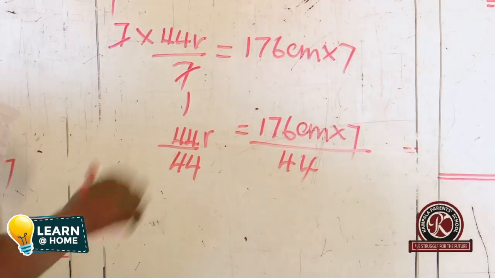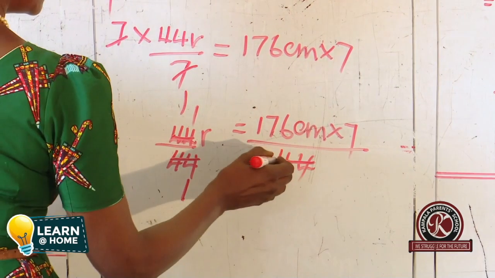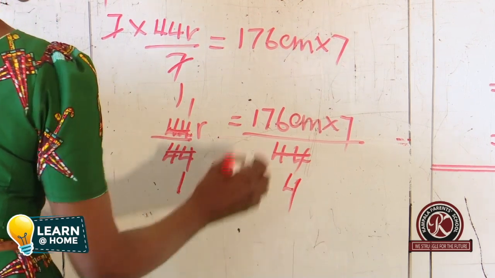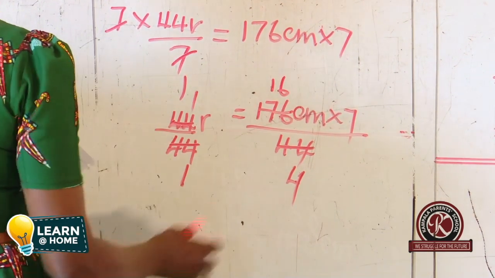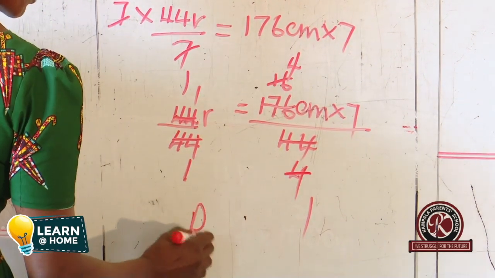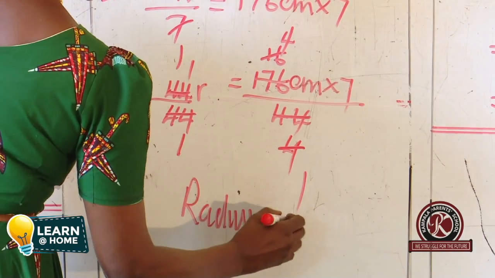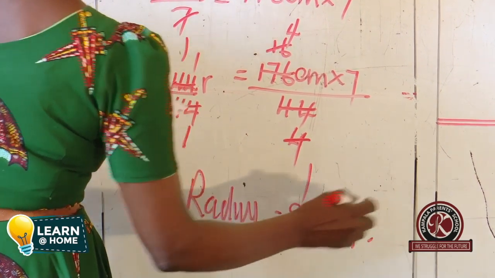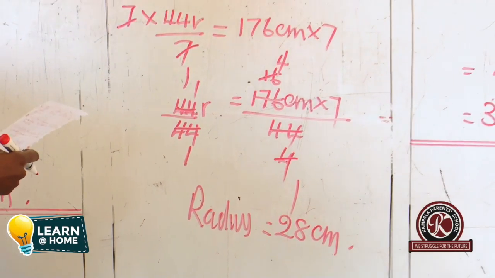I repeat that because somebody was confused. So I start with 11. By 11, we get 4. By 11 here, we get 16. By 4, once 4 here, 4. So our radius is going to be 4 times 7, 28 centimeters.